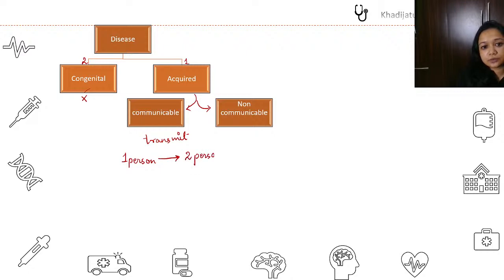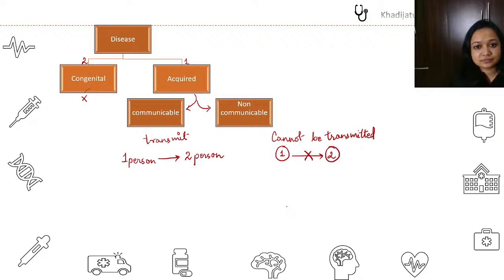And non-communicable simply means it cannot be transmitted from person number one to person number two. It cannot be transmitted. Okay, simple, right?